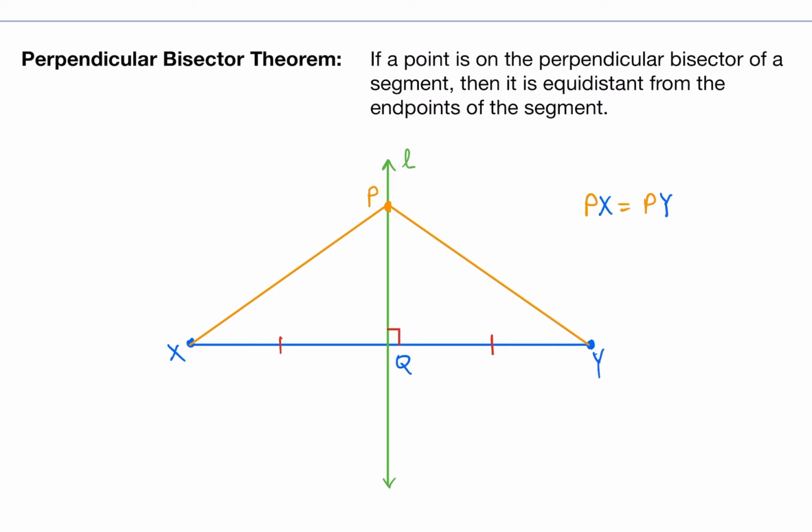If P were down here, then this distance from P to X will also be the same as P to Y. So any point on this perpendicular bisector, which I have in green, wherever it is on the line, the distance from that point to the ends of this blue segment will be equal. So that's the perpendicular bisector theorem.